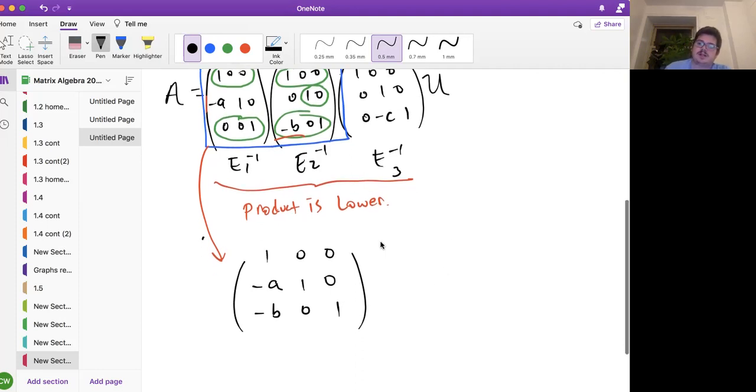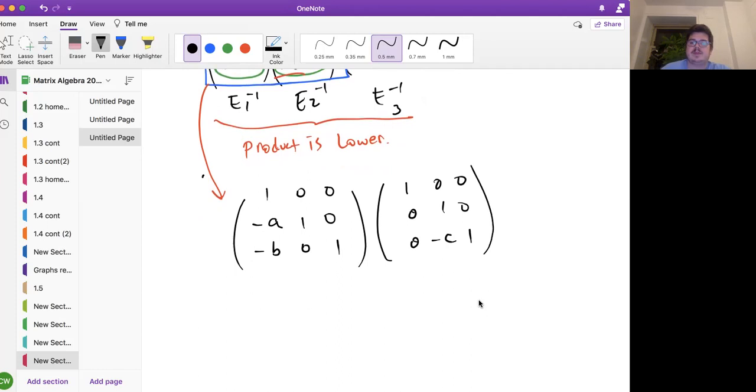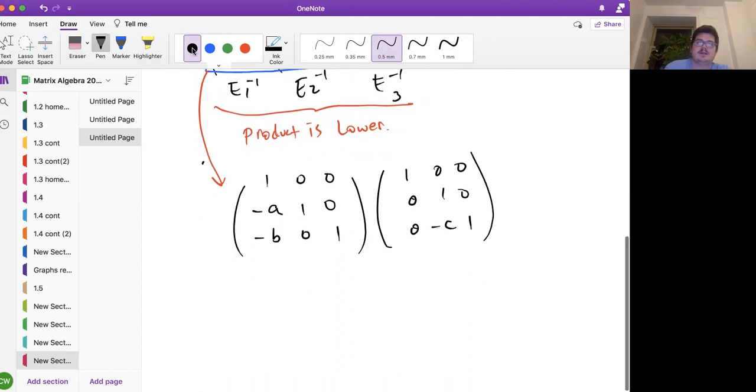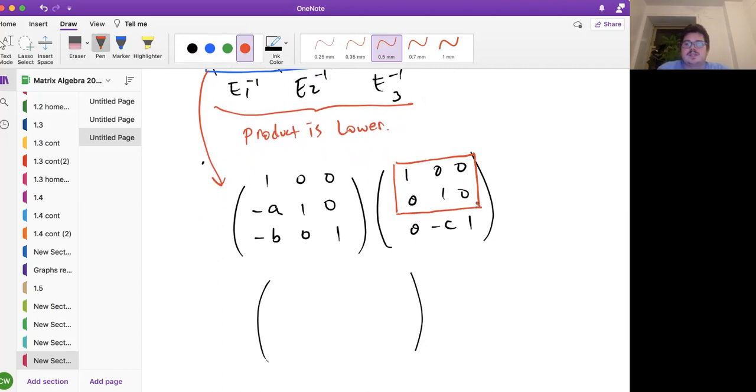Okay, now let's multiply E3 inverse. Okay, same thing. Now let's think about actually column operations. What do these things tell you about the product?